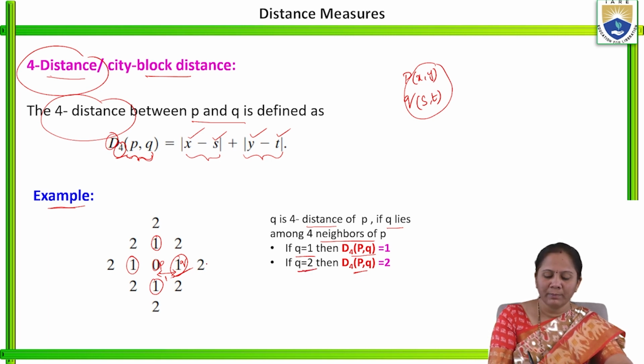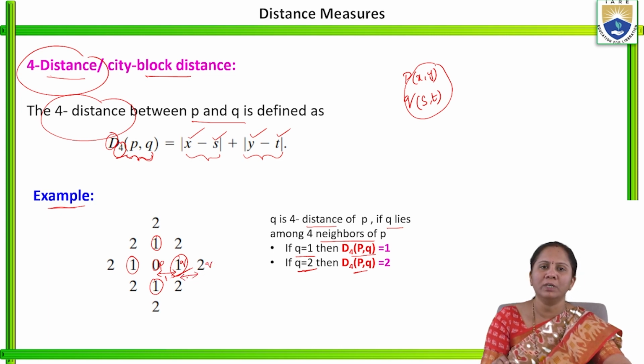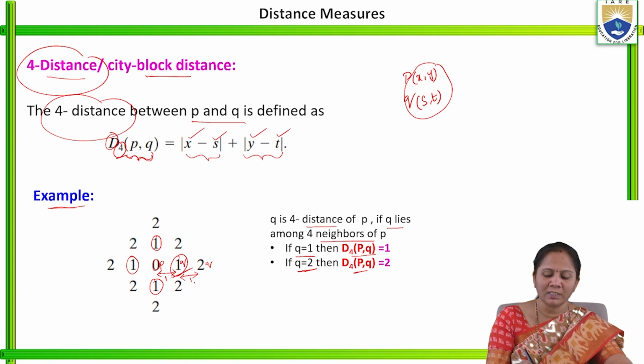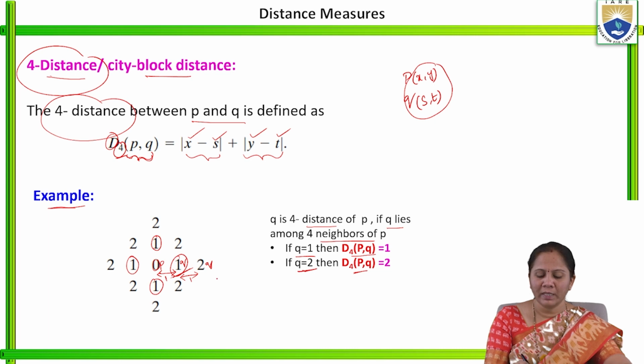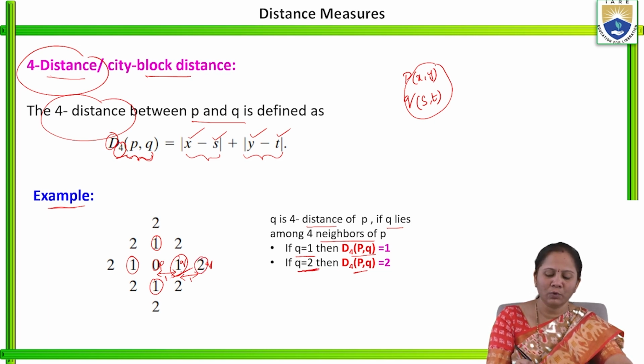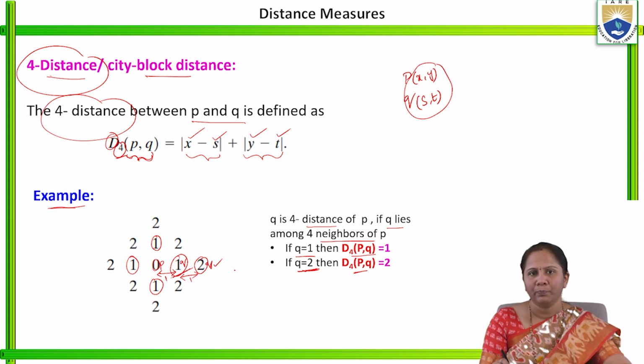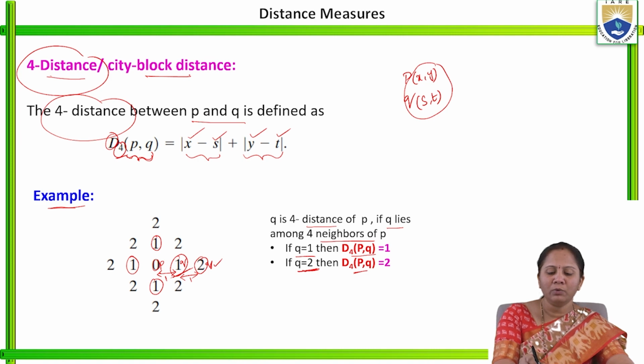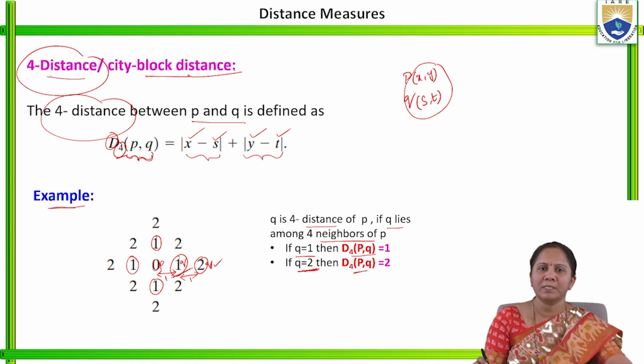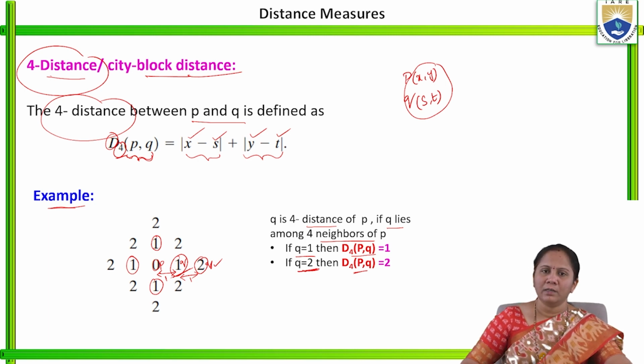That means if this is the position of Q, you will have one more unit distance, so this is 1 and this is 1, and the distance from Q to P will be equal to 2. So this is how we measure the distance between two pixels P and Q using the D4 distance method.